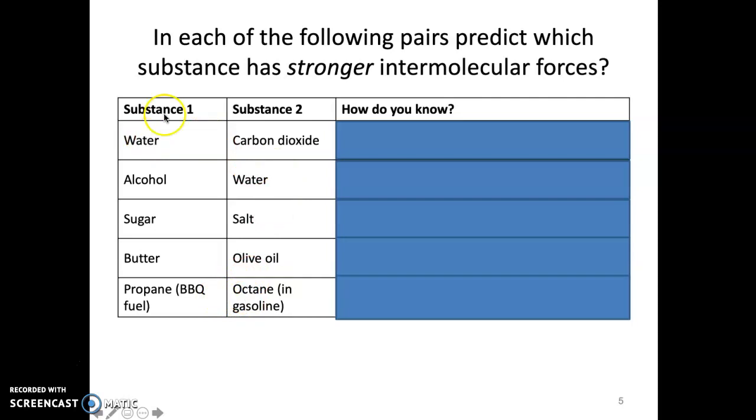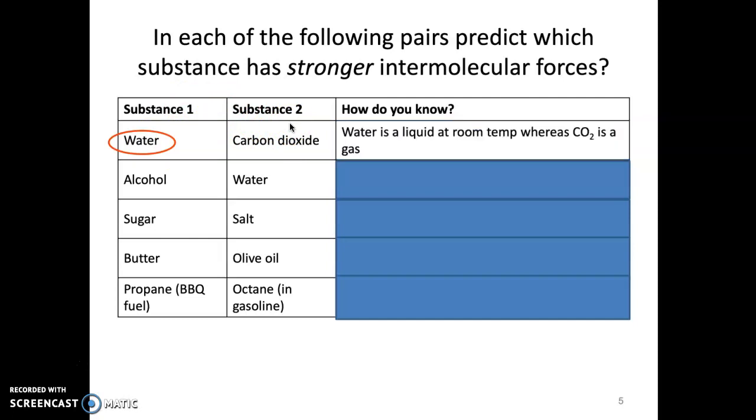So between the two substances, water and carbon dioxide, I know that water has the stronger intermolecular forces, and the easiest way for me to explain that is that water is a liquid at room temperature. I can pour it out of the tap, whereas carbon dioxide is a gas. Okay, so that tells me that water has stronger intermolecular forces.